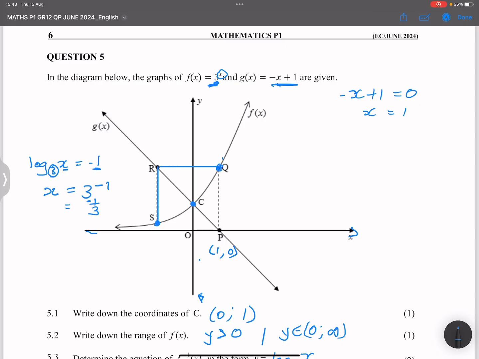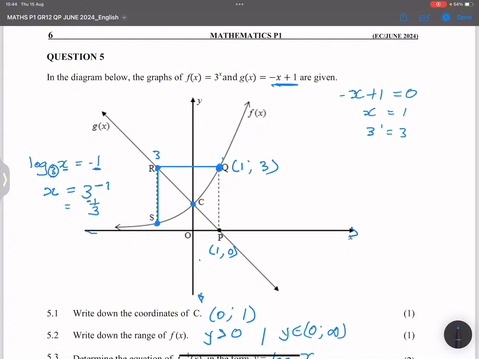Point Q would be where the exponential graph is at x equal to 1. To get the y value, we say 3 to the exponent 1, which is 3. So this is the point (1, 3). At R, the y value is 3.